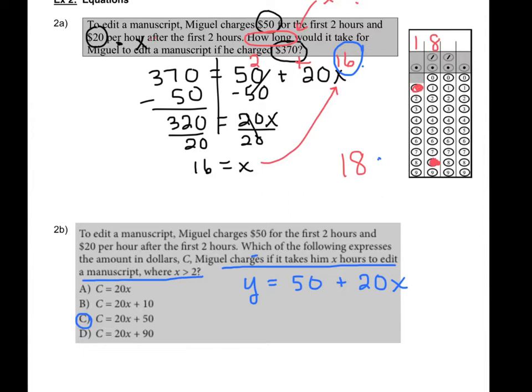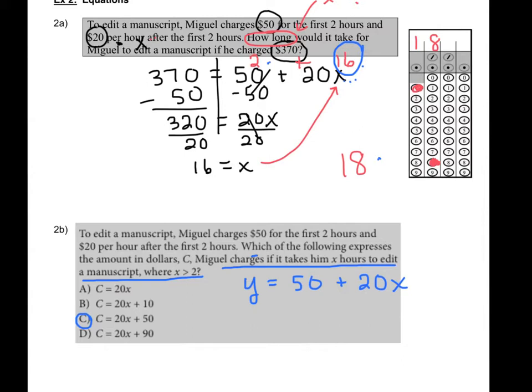So if we know the real answer was 18, the number that goes in the x spot is 2 less than that. So if he worked for 10 hours, it means that this would be 8, because the additional 2 hours were covered by the $50 charge. Or if he worked for 20 hours, then this number would have been an 18, because the rest of the hours would have come from that too.